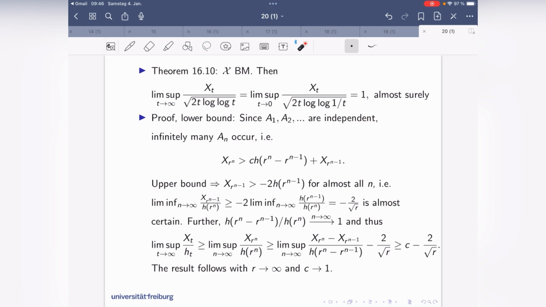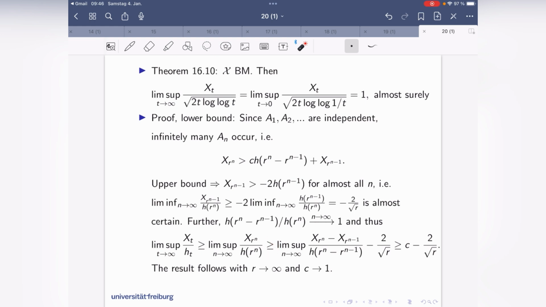But I can use, first of all, that h at r^n is about the same as h at r^n minus r^(n-1) if r is large. That's one thing. And I can use minus X evaluated at r^(n-1) plus X evaluated at r^(n-1). And for the plus bit, I have to bound it from below.